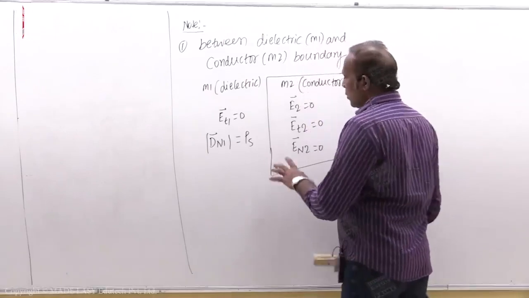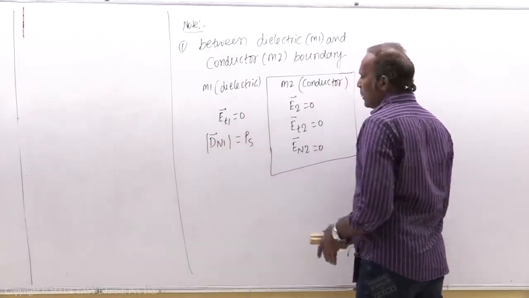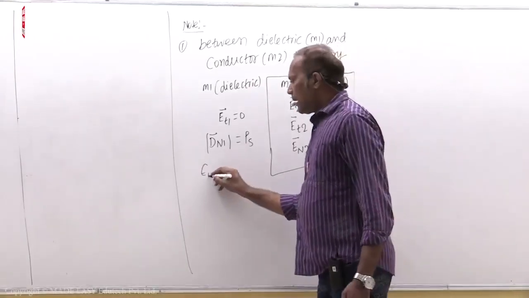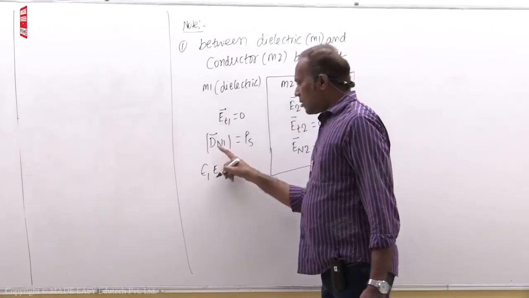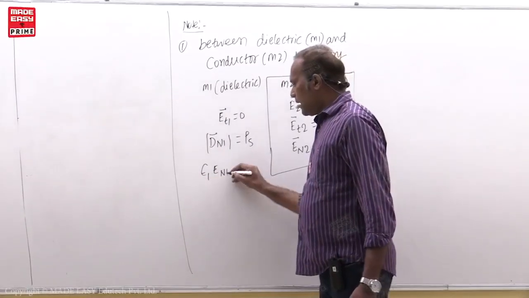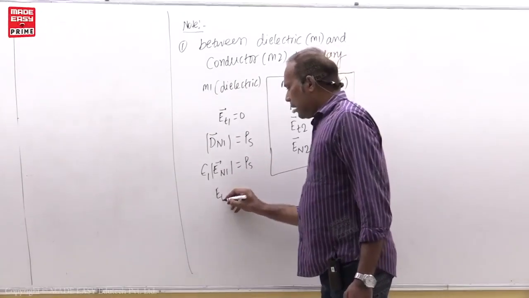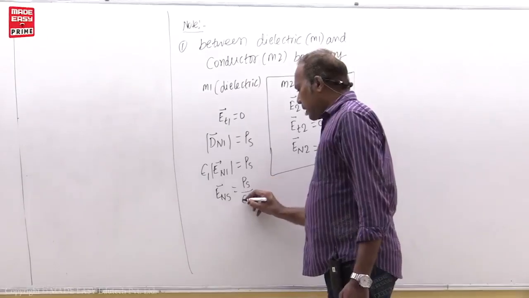Students, here two components are there, tangential and normal. Here also two components, tangential and normal. So a total of three components are 0 here. Only the electric field normal, D is equal to epsilon E. So Dn1 is equal to epsilon 1 into En1. So only the normal component is present here, but others are not there.